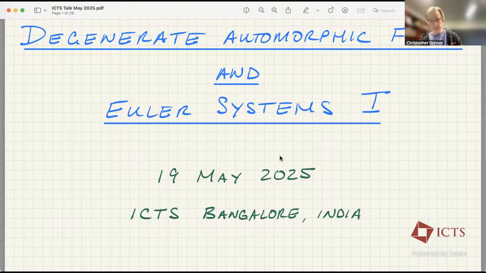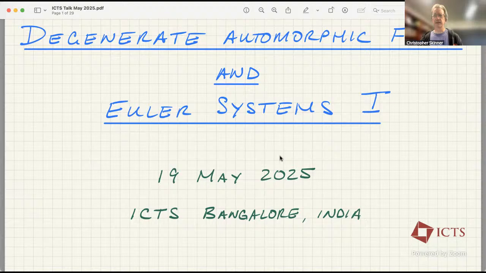The degenerate means that the Euler systems arise from looking at classes in cohomology that arise from automorphic forms that are very simple, like Eisenstein series or theta series or something like that.